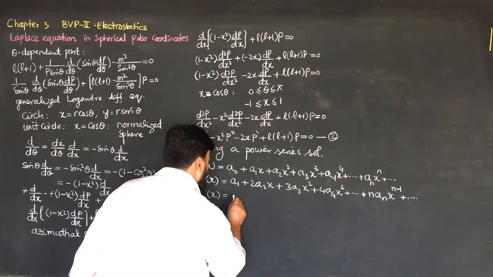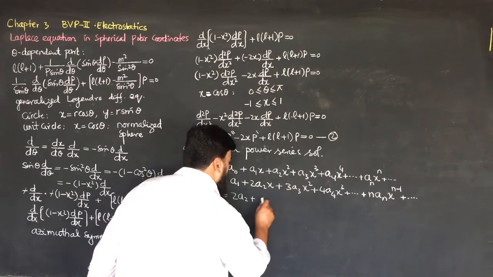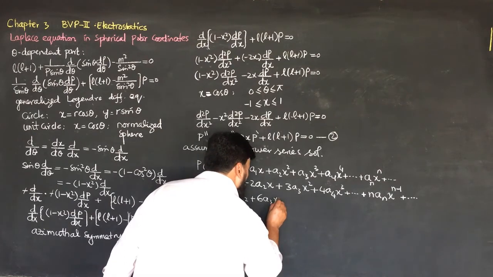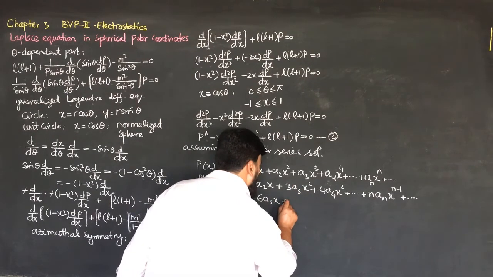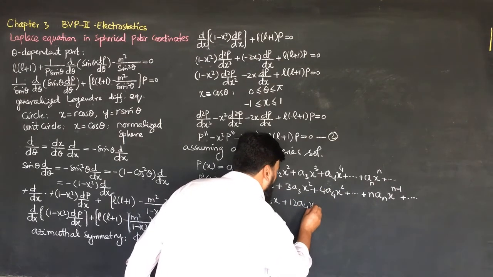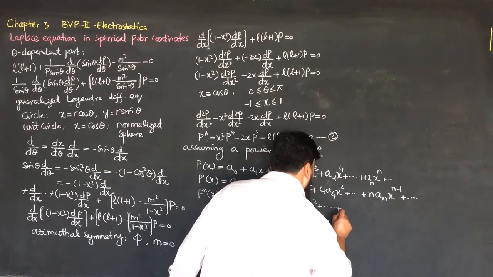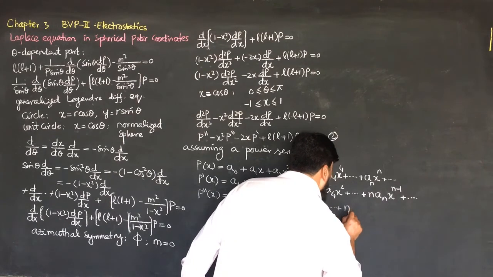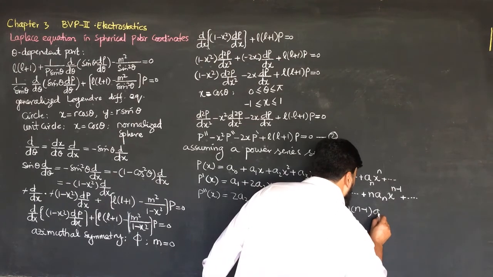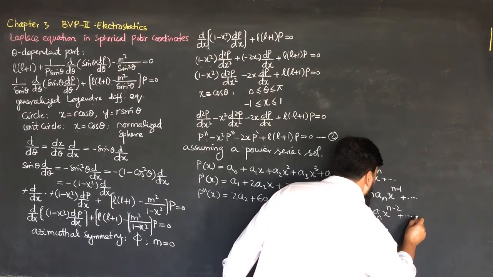The constant becomes 0, so we have 2a2 plus 6a3 x plus 12a4 x squared plus some other terms, and then the nth term, n into n minus 1 an x to the power n minus 2.